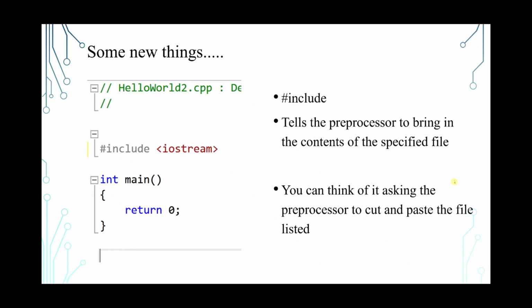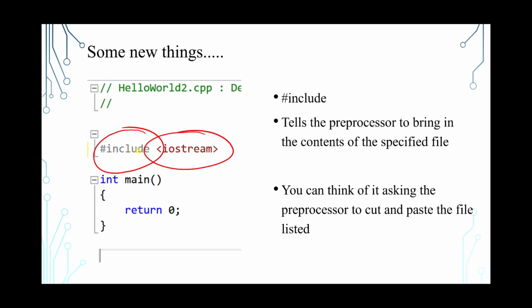Okay, some new things. As you can see, we have #include in here. The include tells the preprocessor to bring in the contents of the specific file. You can think of it as asking the preprocessor to cut and paste the file listed. So iostream is a standard library.